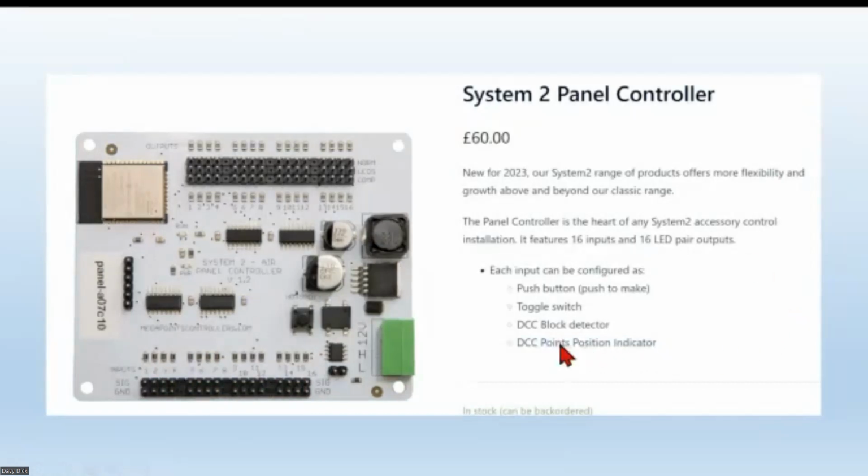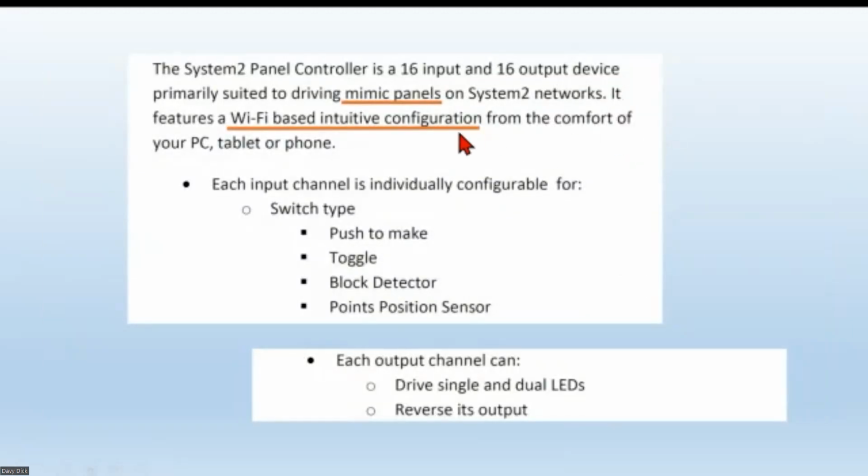Although it says you could put in totties and block detectors as inputs if you wished. But its main feature is Wi-Fi configuration. Pretty flexible in terms of inputs. It can handle your normal switches or your toggles or various sensors, and you can have reversing output to switch 1 or 2 LEDs. That's the control panel.